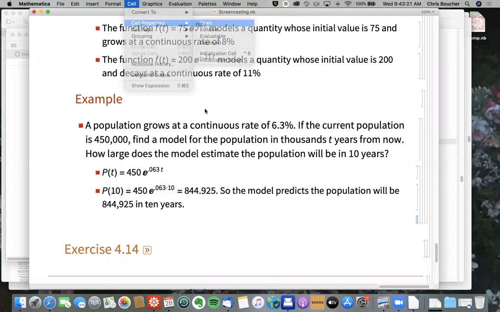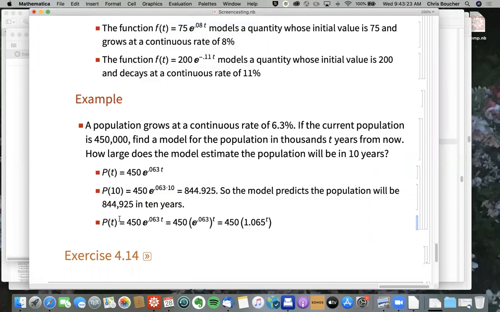Okay, finally, it's worth noting that if you take a model that is in continuous growth rate form, it's not hard to rewrite it in our old form, right? All I have to do is use this property of exponents that when I raise a power to a power, I multiply exponents. And I can do e to the 0.063 on my calculator.